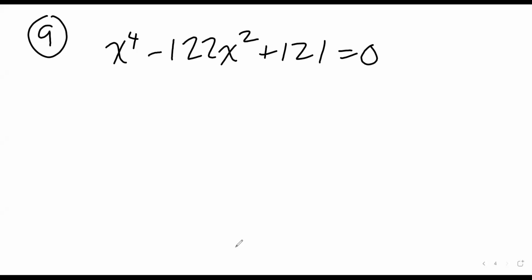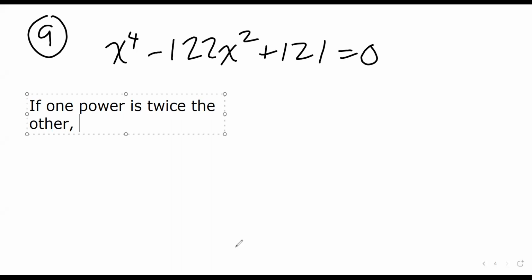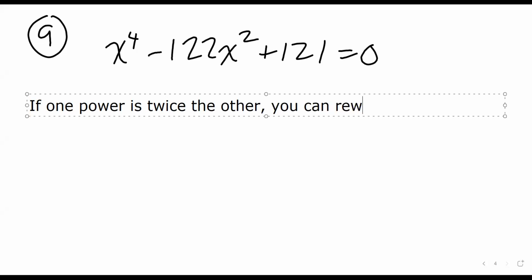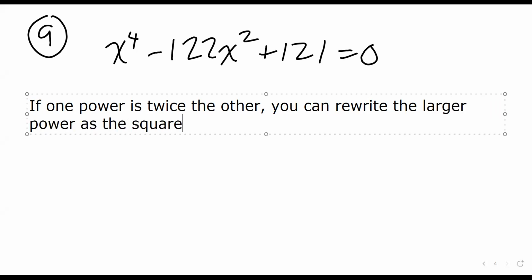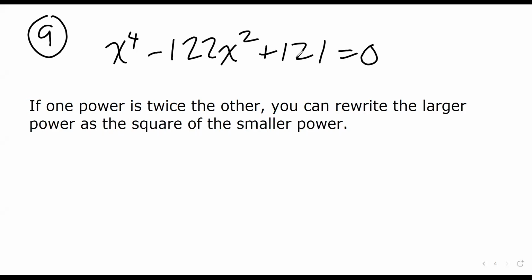All right, so I'm going to type something here. If one power is twice the other, you can rewrite the larger power as the square of the smaller power. So in other words, because 4 is twice 2, I can write the x to the 4th as x squared squared.